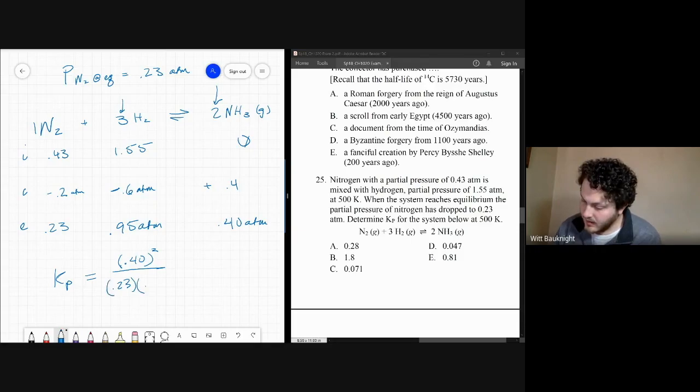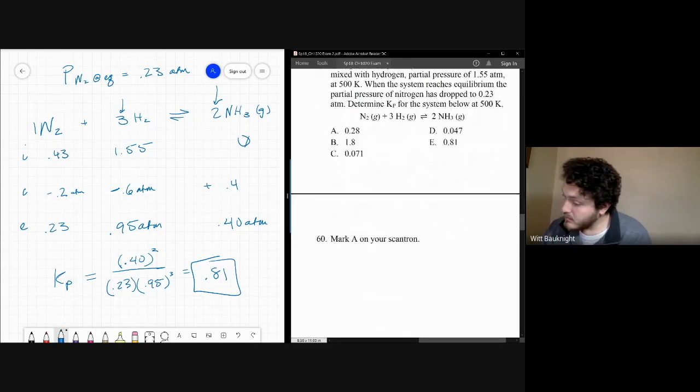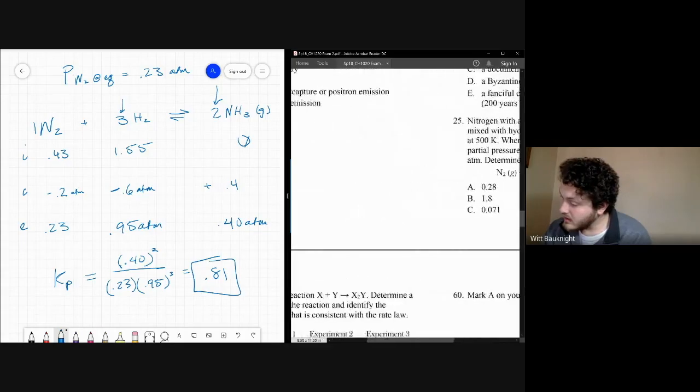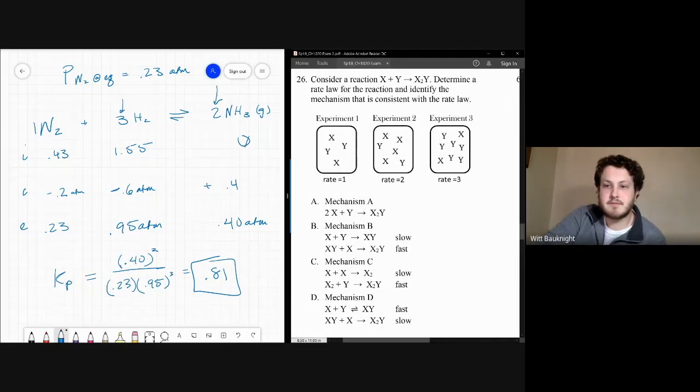And then we have 0.95, but this is raised to the third. Let me double check. Good. So if you plug it all into your calculator, we should get 0.81. And that is why the answer is E. I'm going to take a break and come back to 26.